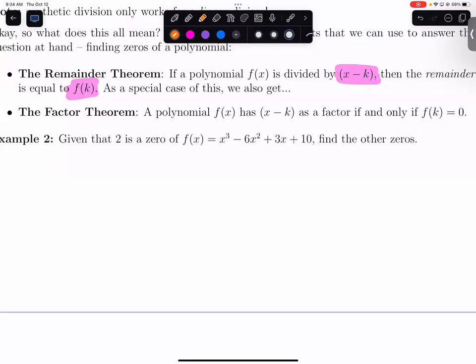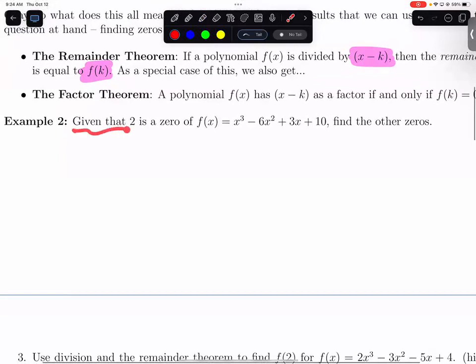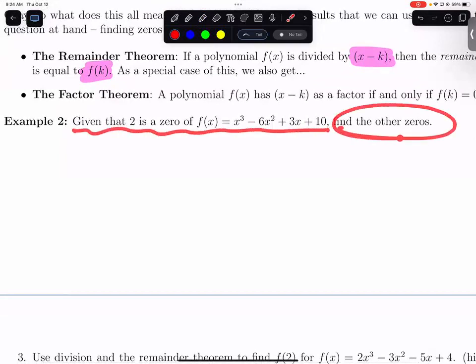So if I tell you, for example, that 2 is a 0 of this function, and I want you to find the other zeros, what I'm telling you is here's one of the zeros, but what that really means is here's one of the factors.